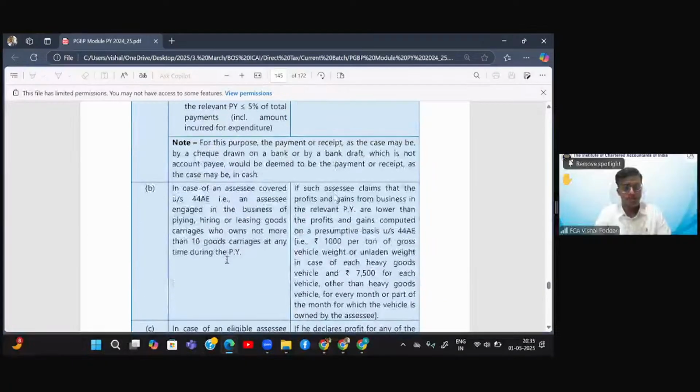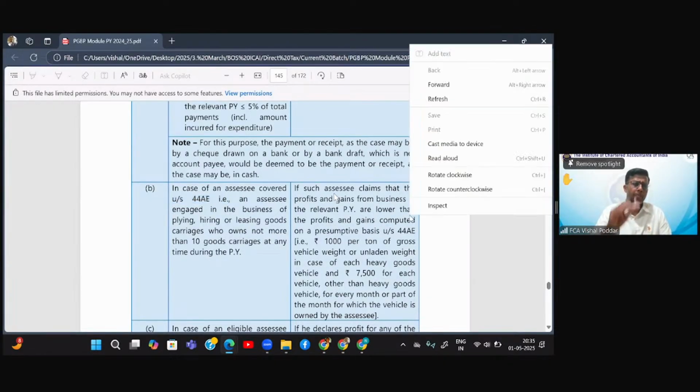Now, in this, if you are into the transport business, that is, you are covered in 44AE, where you should have shown the presumptive income of 1,000 per ton for big vehicles and 7,500 for the small vehicles, again, you have to get your books compulsorily audited if you want to show a lower income. So it is simple. We studied the presumptive income. In presumptive income, they have told you that this much is presumptive profit.